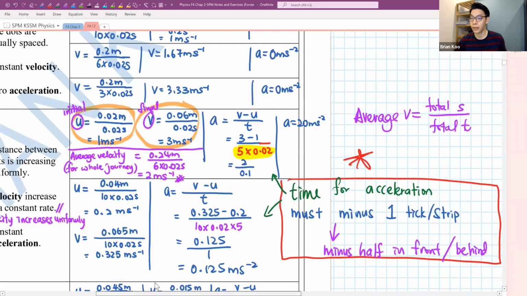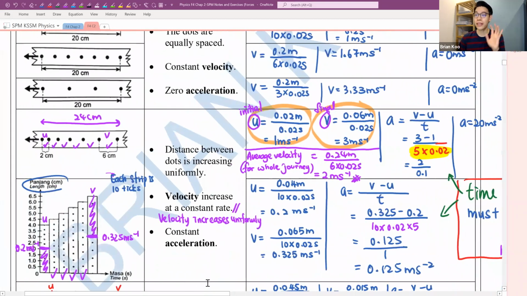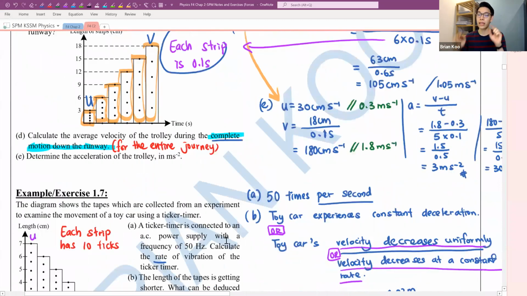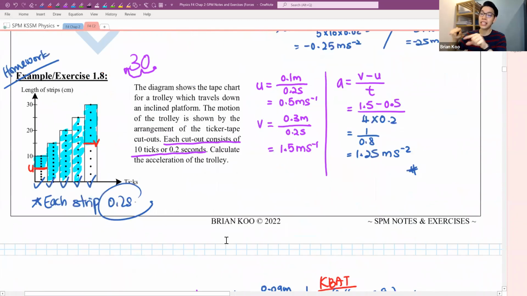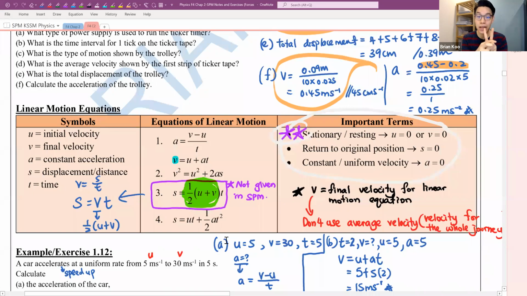Everybody okay with the thing that I'm trying to point out, where in this linear motion equation, V is what? Please don't say V is average velocity. V is always the final part. When I say final, make sure you mean final. Final means the last part.